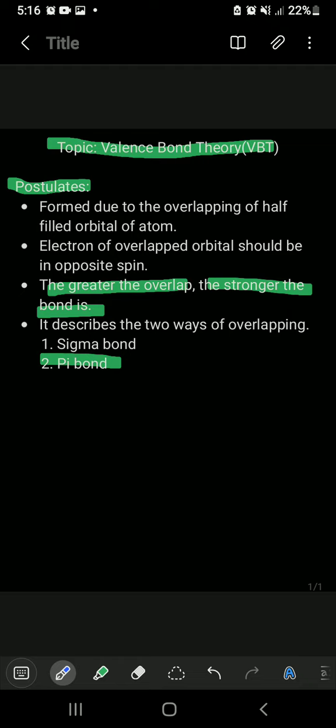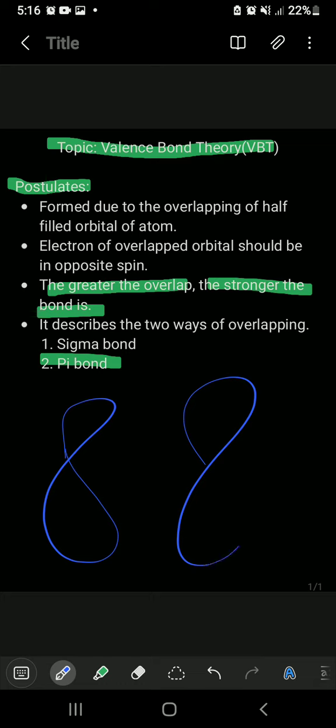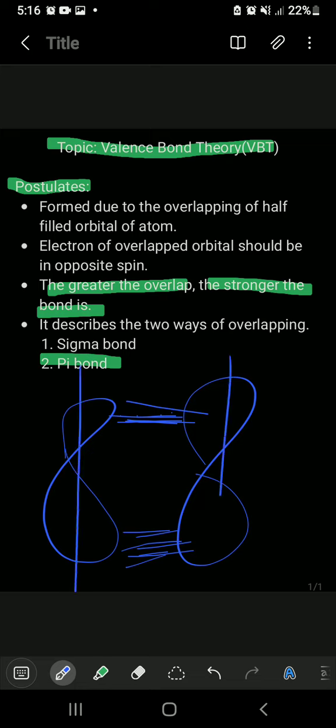Because of the higher overlapping. In a pi bond there is always parallel bonding, which does not bond properly. There is a connection between both. They do not make a strong bond, they make a weak bond. This is the parallel overlapping.